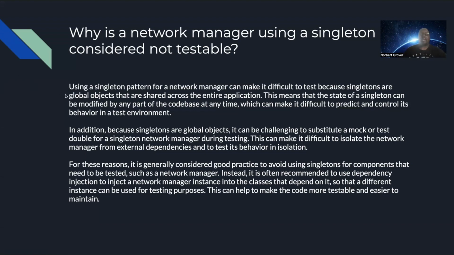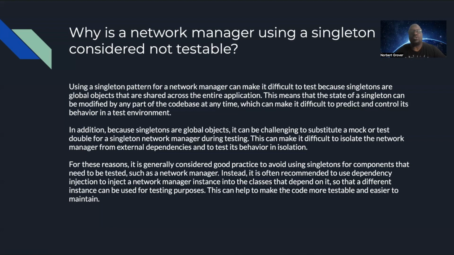Okay, so we're going to get back to this issue of network managers and making them testable. That is a big part of our unit test section. But I just wanted to state this for the record, so that this is something you can always keep in mind.